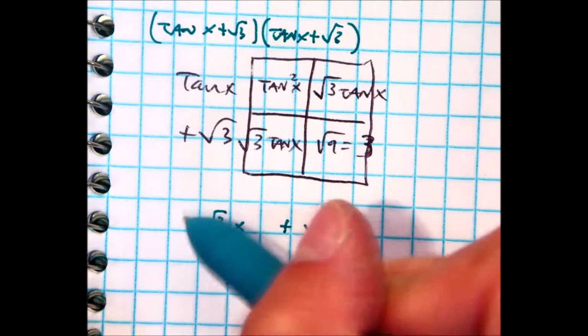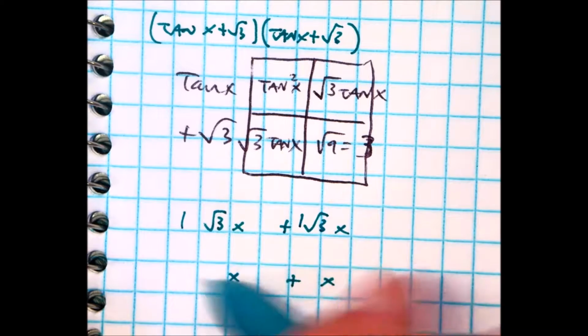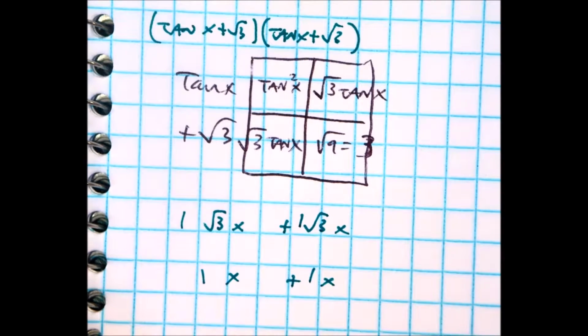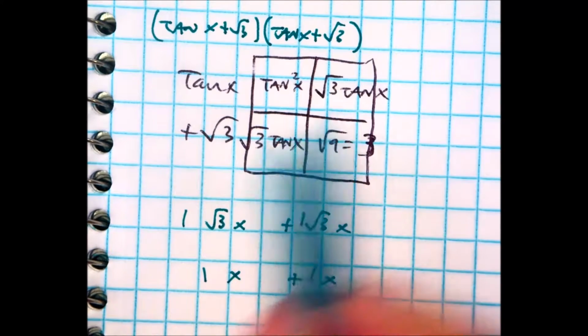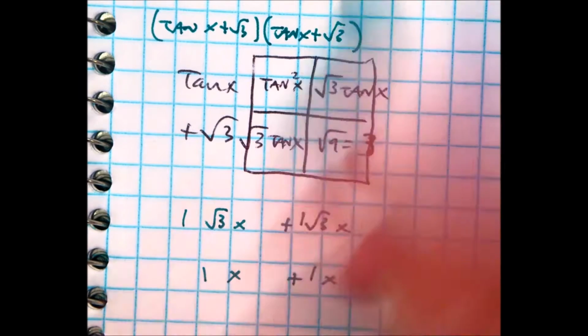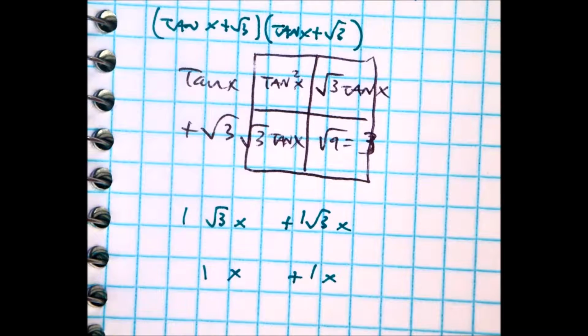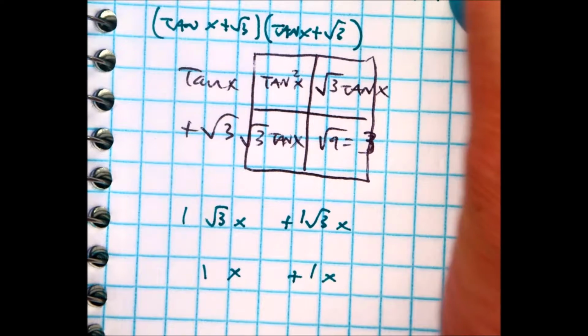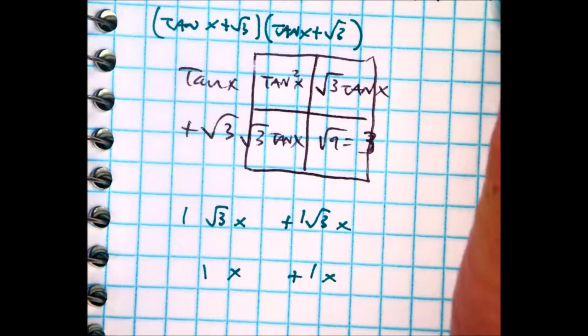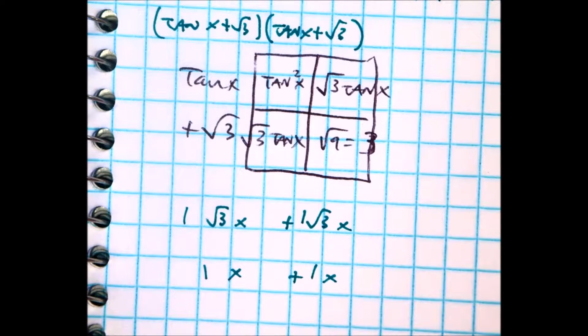You're just adding what's in front. So you have a coefficient of 1, so that's essentially 2x. Or in this case, this would become 2 radical 3. So my answer here is tangent squared x plus 2 radical 3 tangent x plus 3.